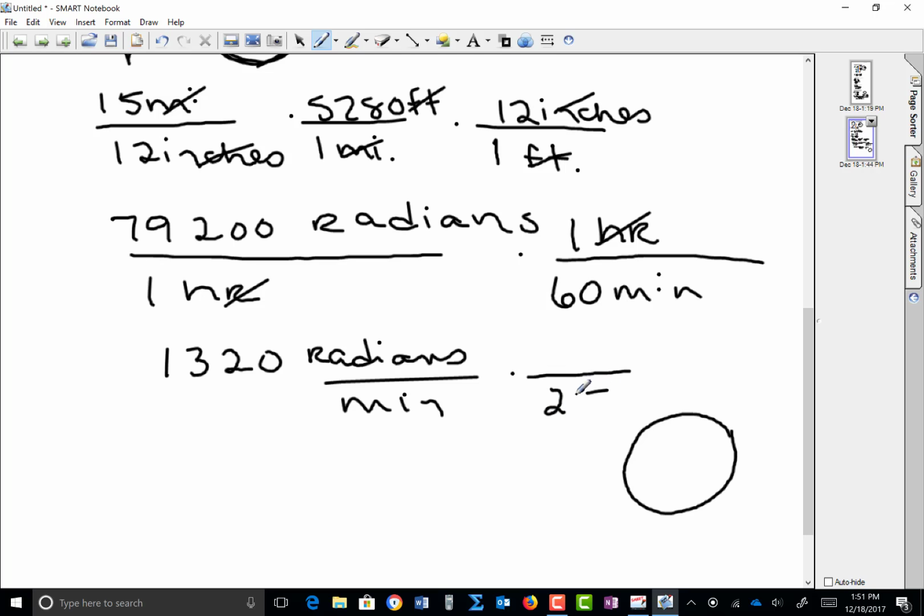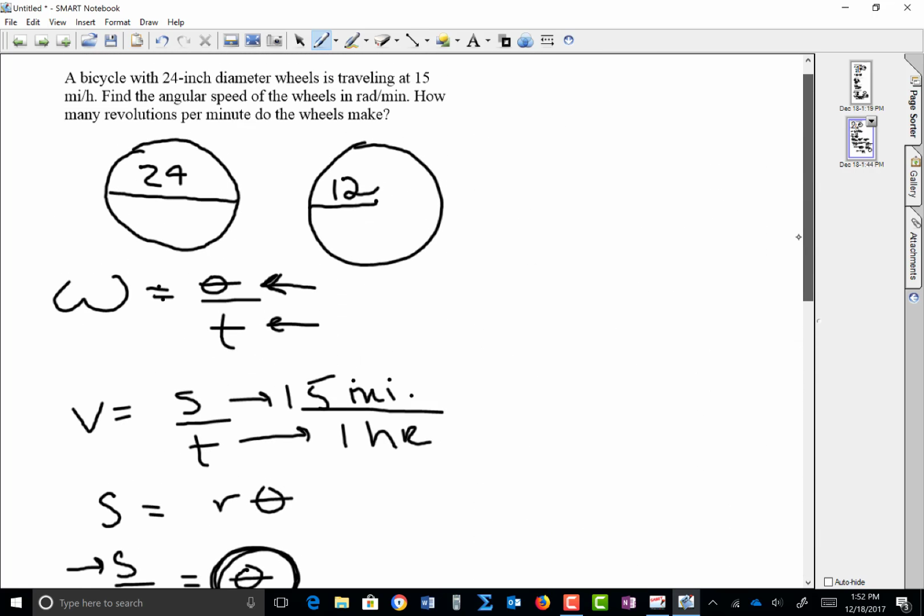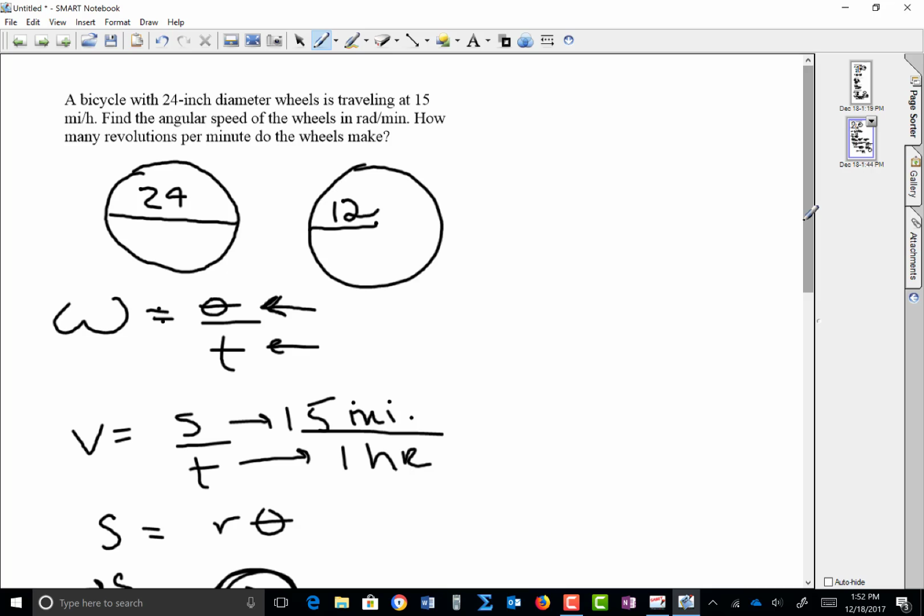So if I wanted the radians to cancel out, 2 pi radians is 1 revolution. So 1320 divided by 2 pi, and 2 pi is roughly 6.28, comes out to 210.19 revolutions per minute.